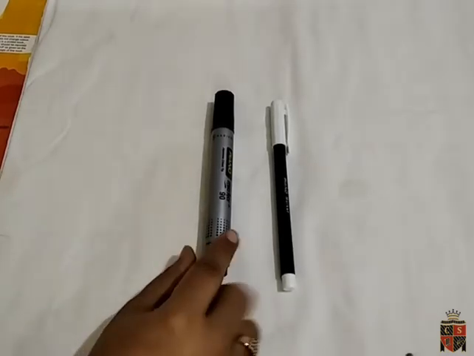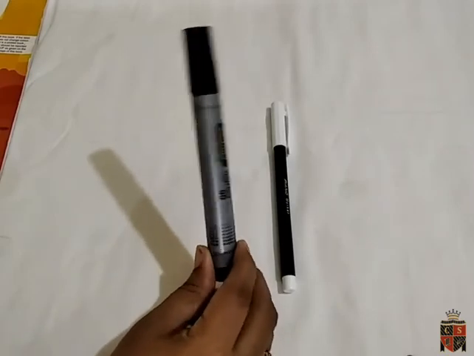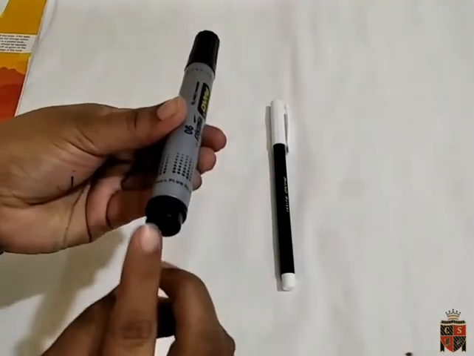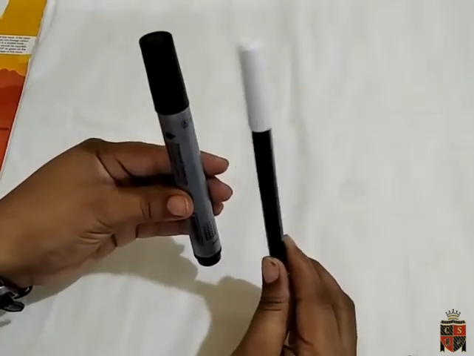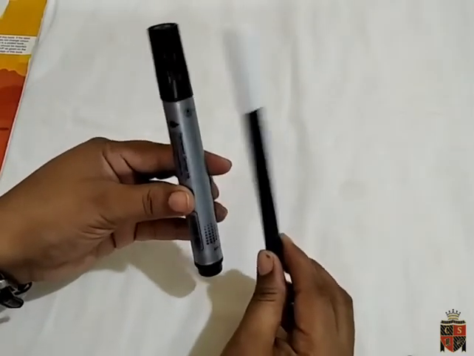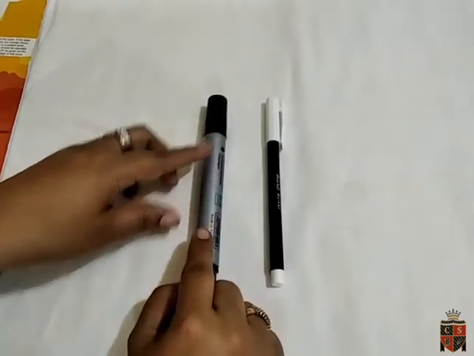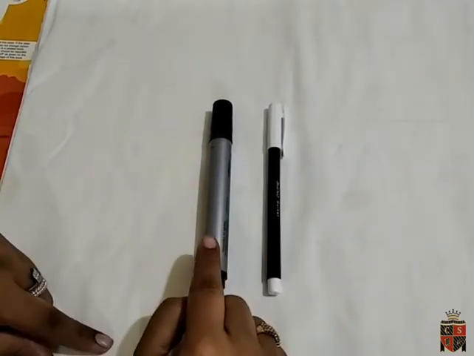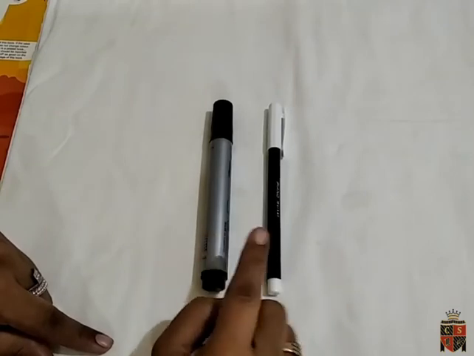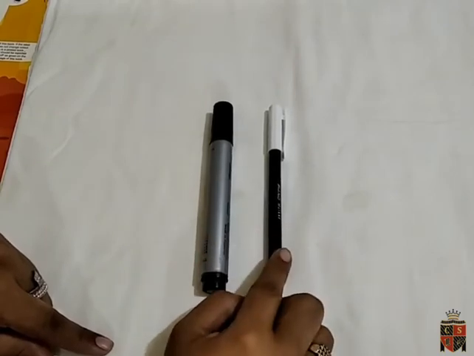Yes, it's a fat marker. You can see it's very fat compared to the other one, which looks thin. It's a fat black marker and it's a thin black marker.